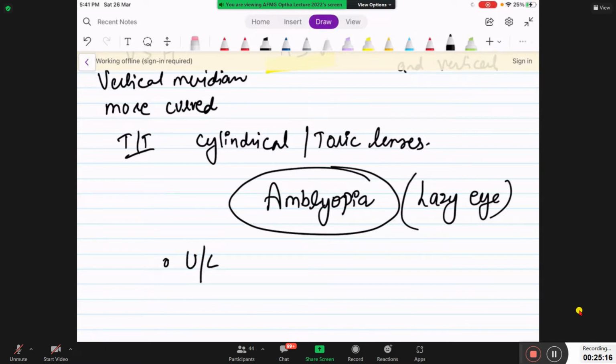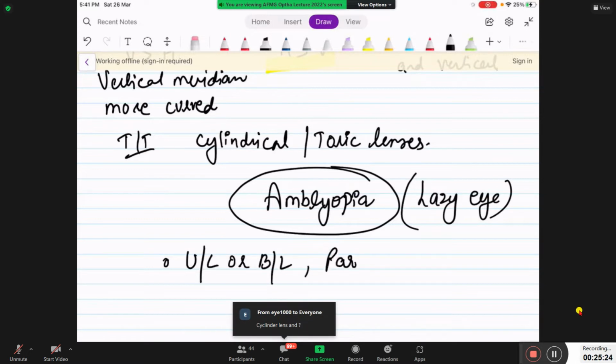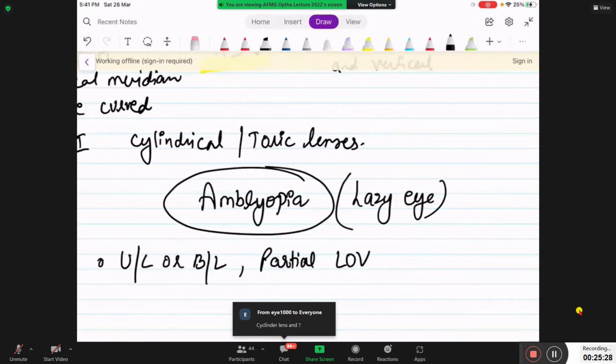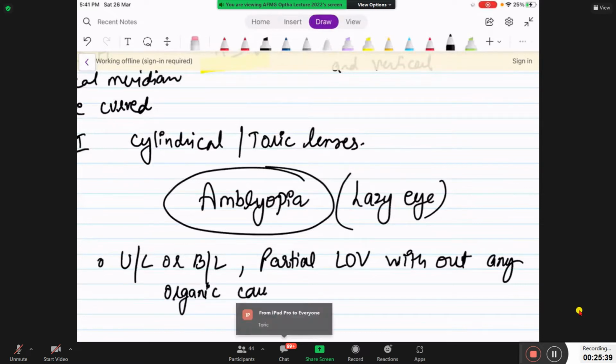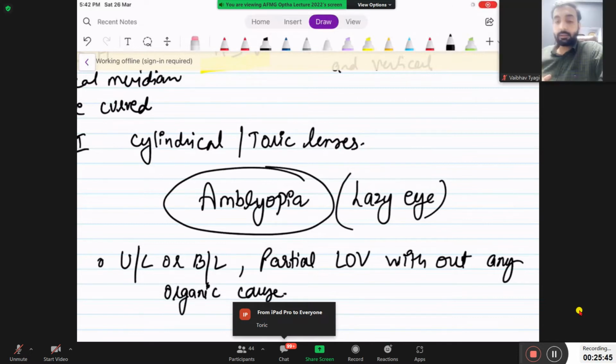It can be unilateral or it can be bilateral, but usually it is unilateral. Unilateral or bilateral partial loss of vision without any organic cause, then that is called amblyopia.